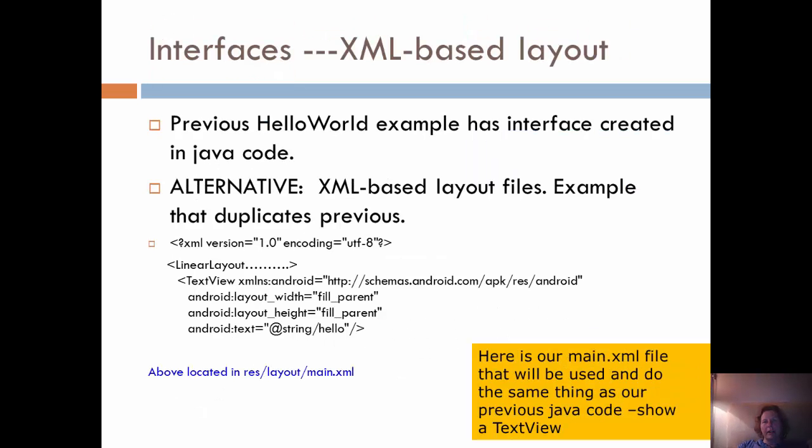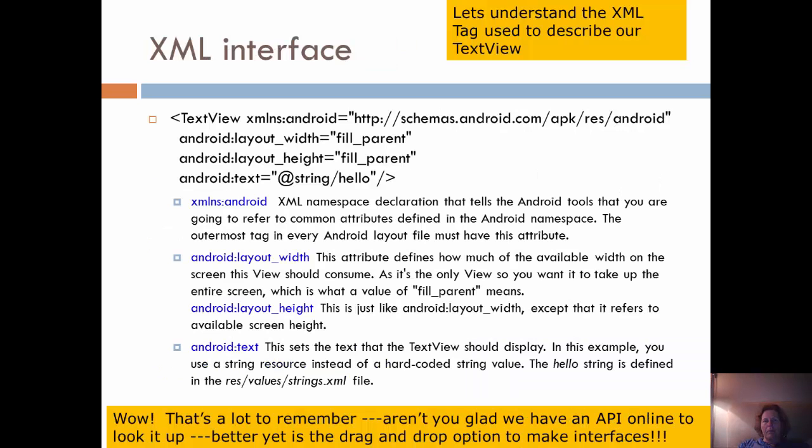Okay, so we talked about XML. This is just talking a little more again about that every tag, in this case the TextView tag, will have a series of attributes. And it's just reiterating what each of those things means. So if you want to pause the video and read through it, that's great.